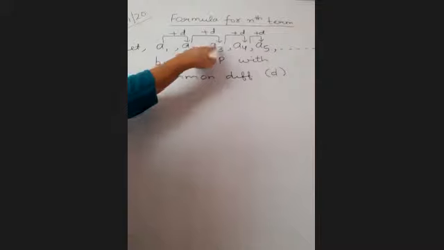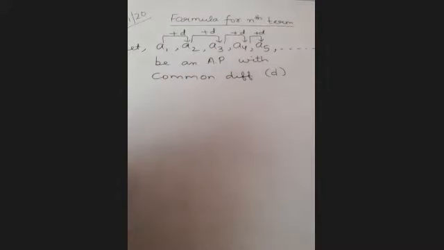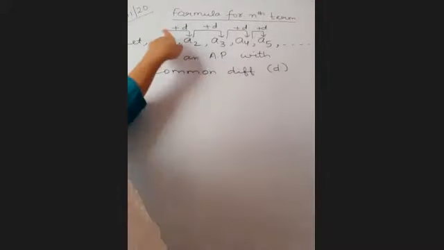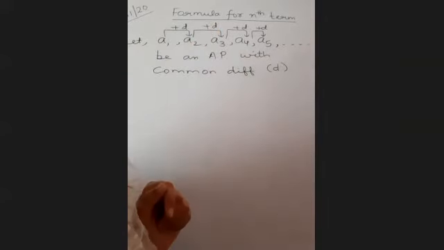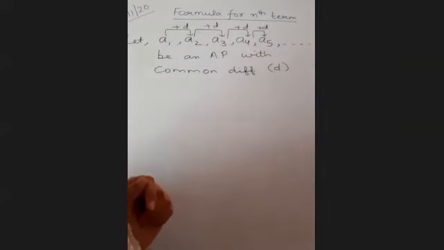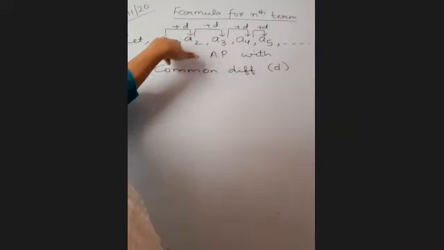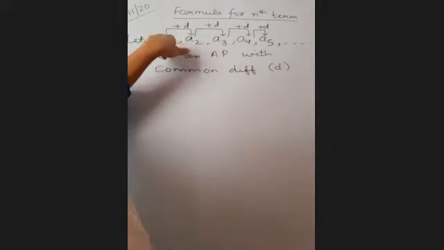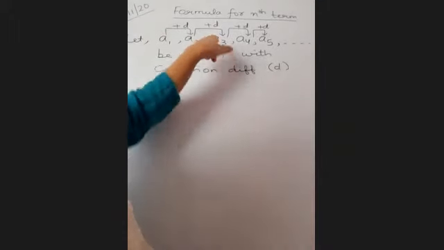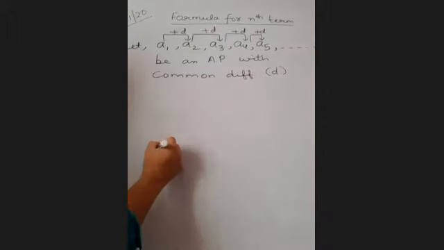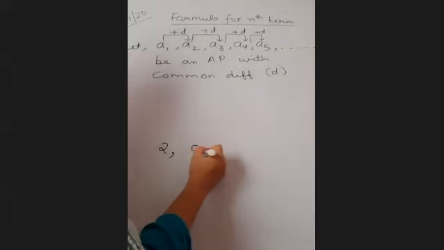So suppose you are given A1 and the value of D. How can you find the third term? Directly from the first term and D. To A1, how many times are we adding the value of D? By adding it 2 times. How many D can you add? Twice. This was our AP.